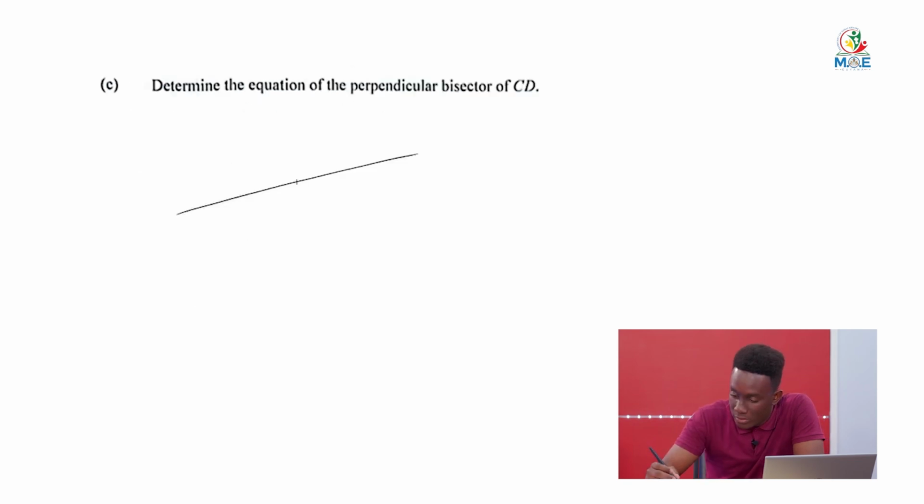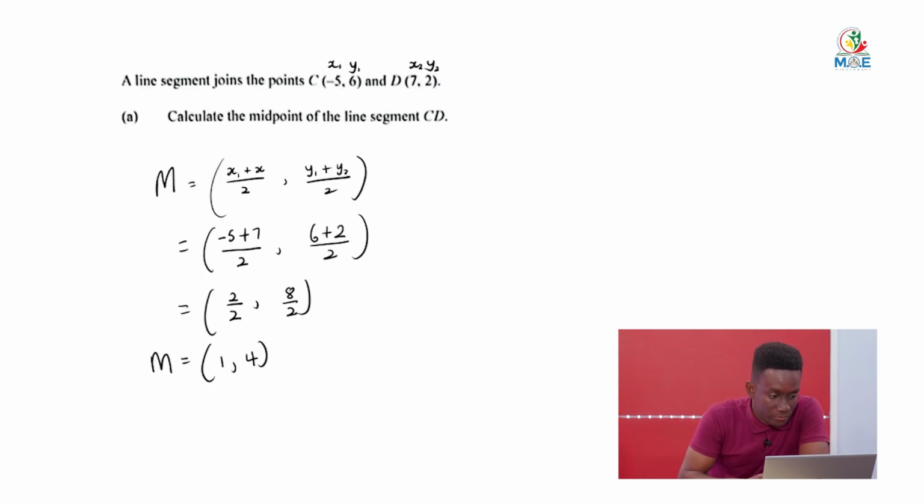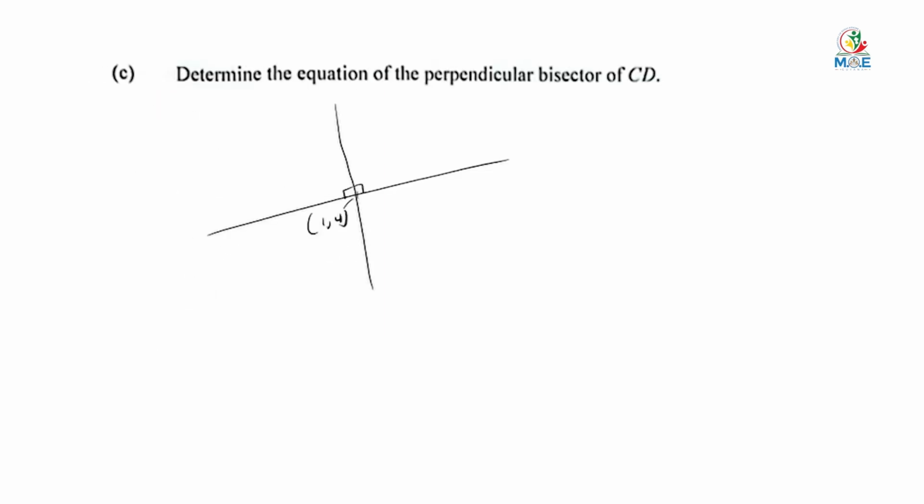Perpendicular bisector means the line passes through the middle of the line segment at 90 degrees. So we know the point at which the line will pass through would be the midpoint, (1, 4), that we found earlier. That is important to note.